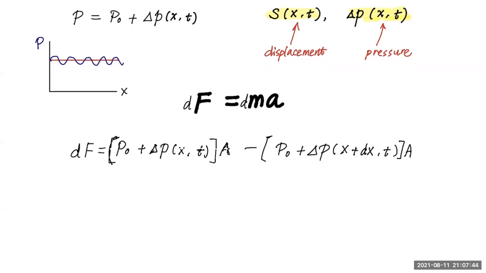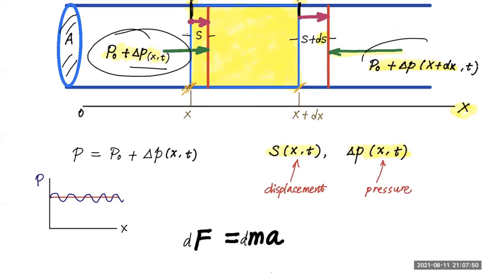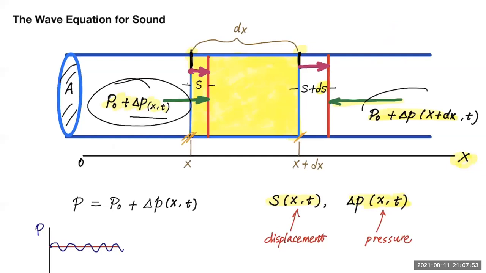Then let's look at the mass. What is dm equal to? It's the mass content in this region. Remember, the volume can change because the air can be compressed or decompressed, but the mass does not change, unless particles go in and out, which is not the case. You take the same amount of air molecules and just compress or decompress them, so you change the volume, but not the mass. The mass is density times volume.